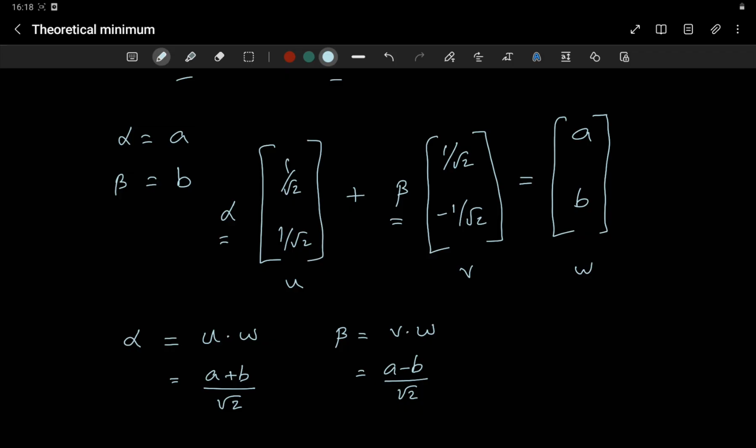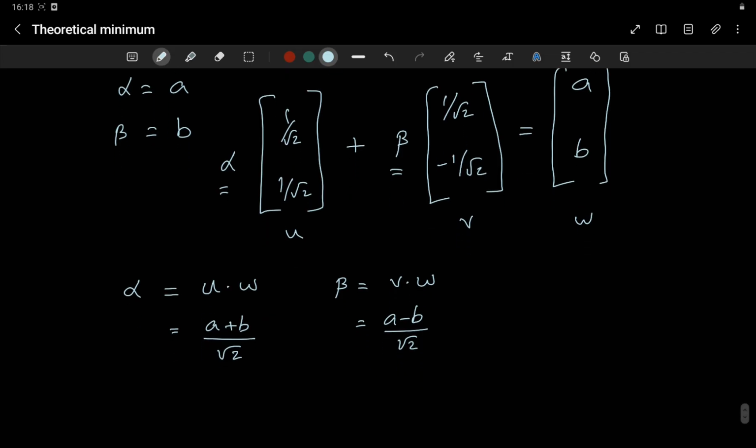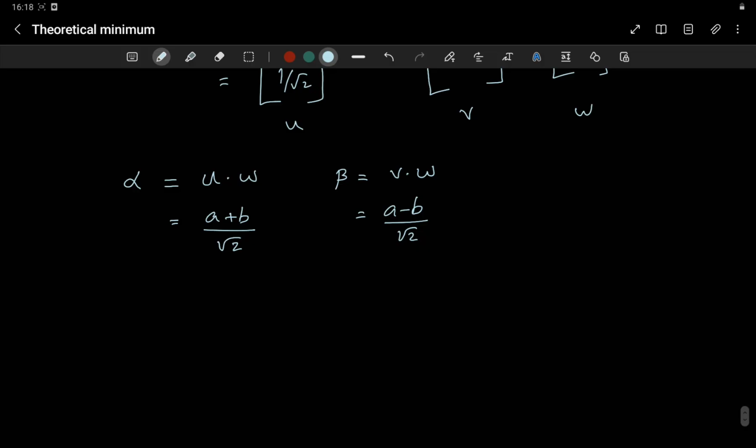So you're getting it right. That's the advantage of having an orthonormal basis.